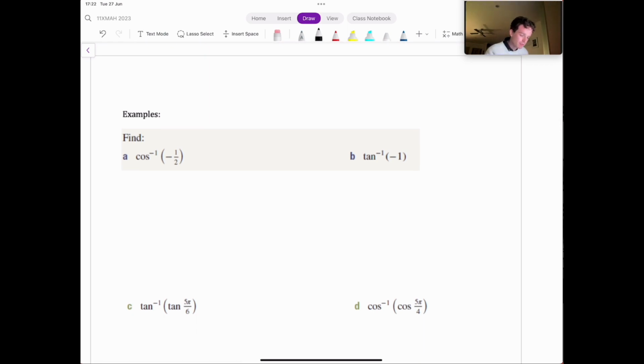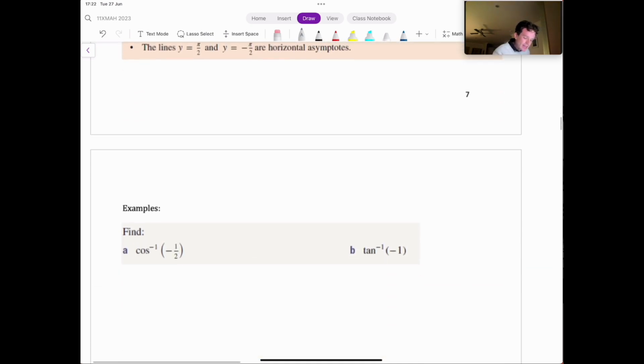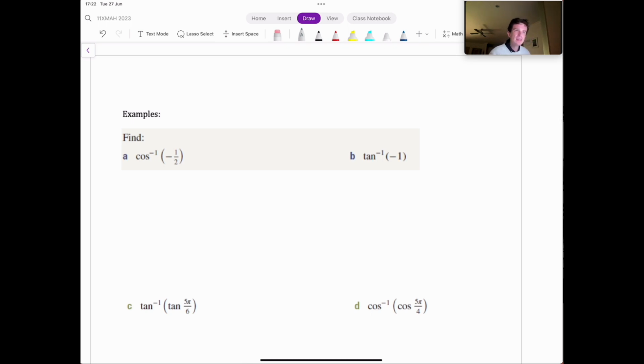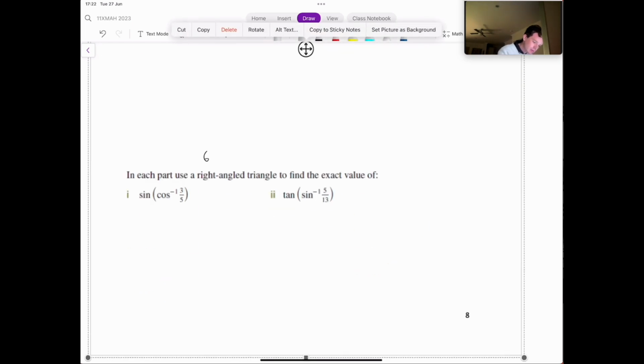Some examples, not really involving the graphs, but more just involving inverse relationships. We're going to use radians for this. Now, when I calculate radians, I still hold on to degrees sometimes. So when I use my calculator to find cos inverse of a half, I get 60 degrees.